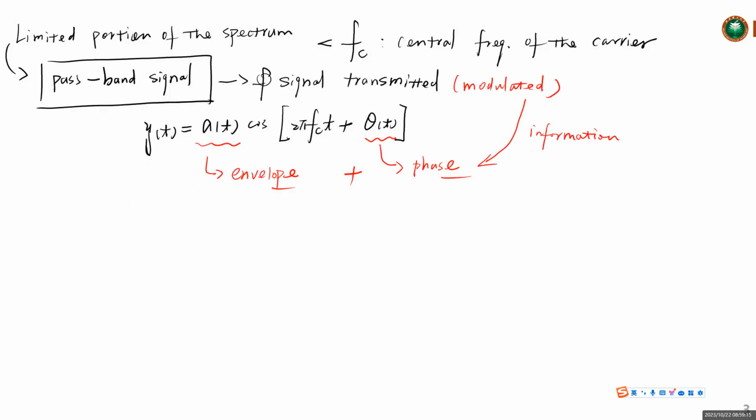That means the signal can be analyzed by just using both terms. There is another parameter called the complex envelope.